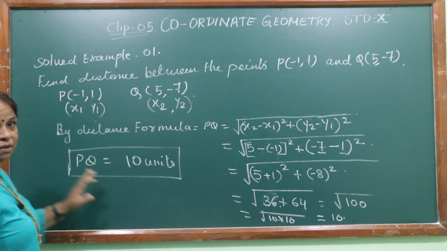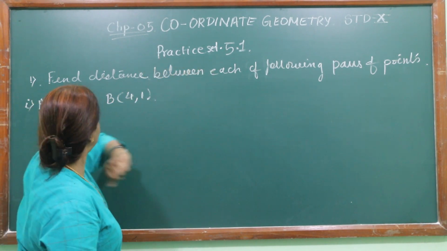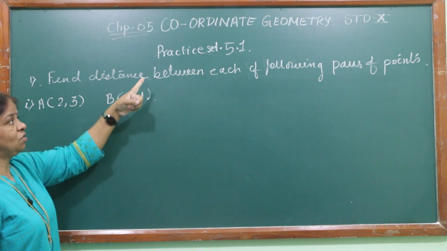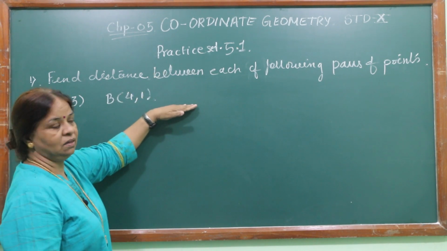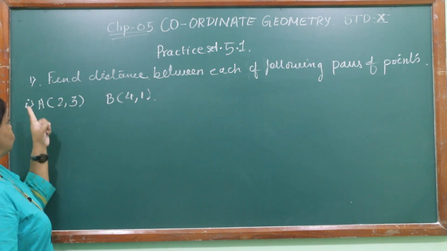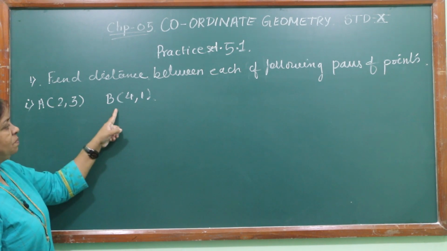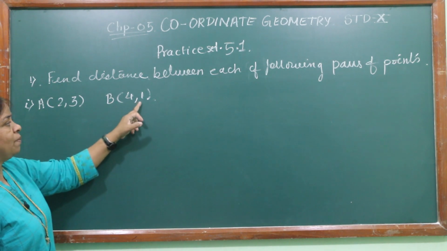Moving to the first sum of exercise 5.1. Practice set 5.1, children. Before this we did the solved example. Now we are on practice set 5.1, which is related to the solved example. First question, first sum. Point A is given and point B is given. A is 2, 3, B is 4, 1.